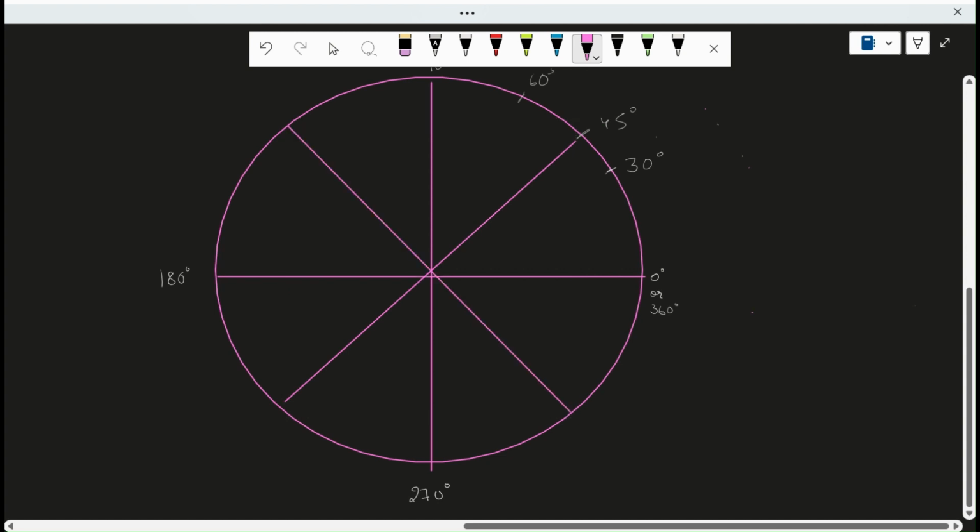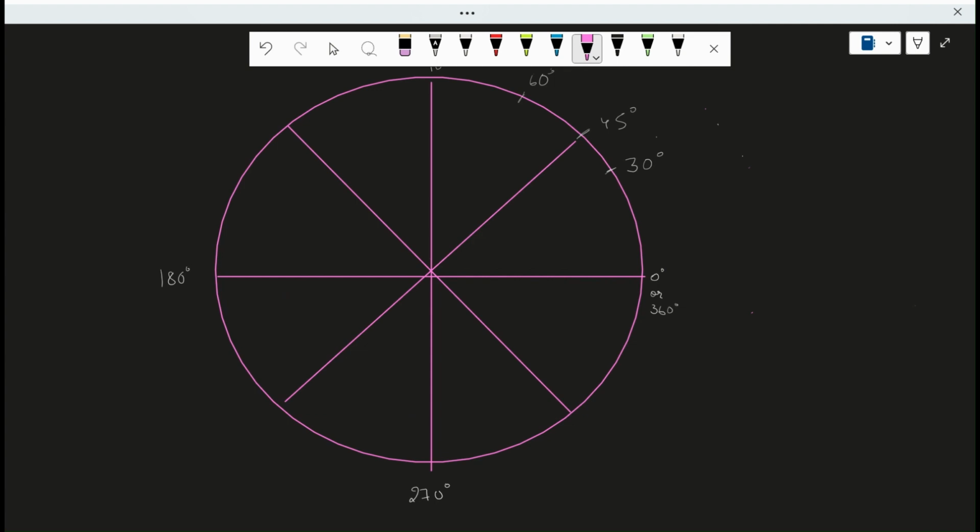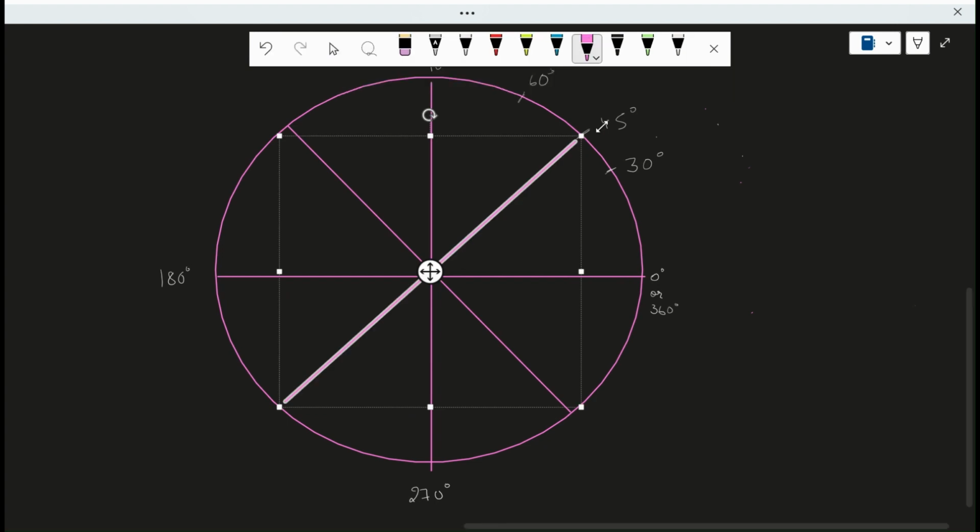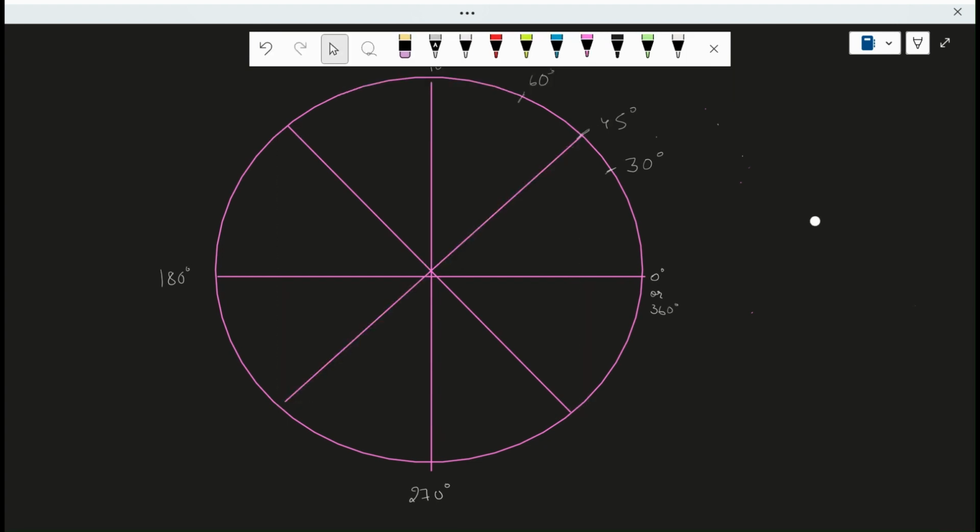I find a square, right? So let me just extend this line.